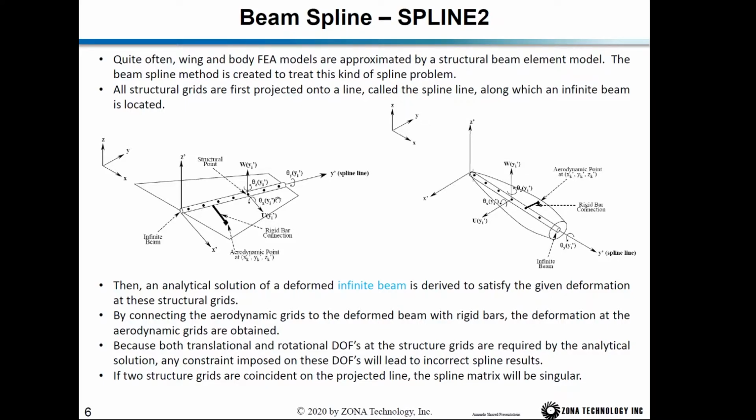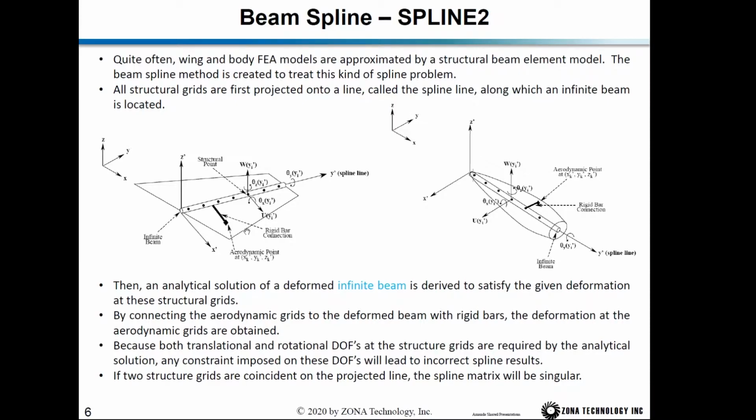Once it has the deformation of the beam, the program will connect the aerodynamic grid points to the beam using a rigid bar. And so when the beam deforms, through this rigid bar, you can compute the corresponding deformation at the aerodynamic grid points.